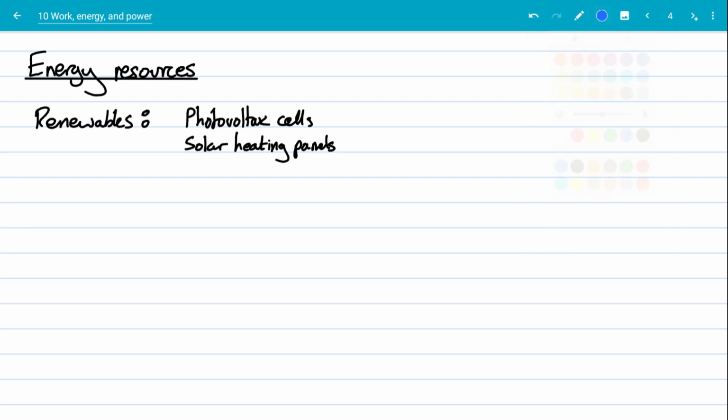But we do have to be careful with that because they are very, very different. Photovoltaic cells directly generate a current, whereas with solar heating panels, we can generate a current if we use the water that's been heated up in those panels to make steam to drive a turbine. That turbine drives a generator around and generates an electric current. So we can generate a current with solar heating, but very often we just use the hot water for other things.